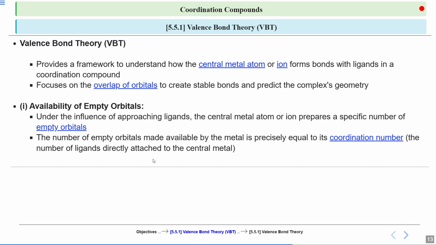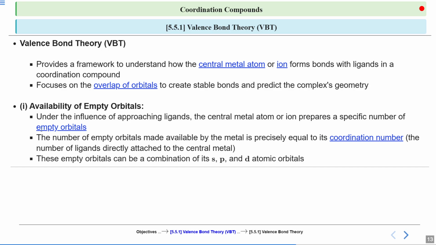Okay, so coordination number we have studied, it is determined by the number of the ligands that are going to surround the central metal. And the number of empty orbitals which is going to be provided by the metal is precisely equal to this number, the coordination number.